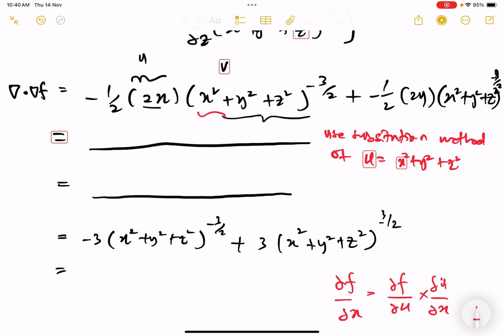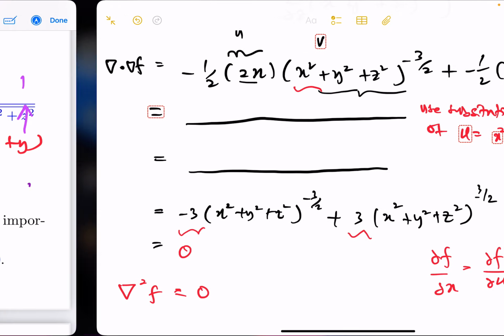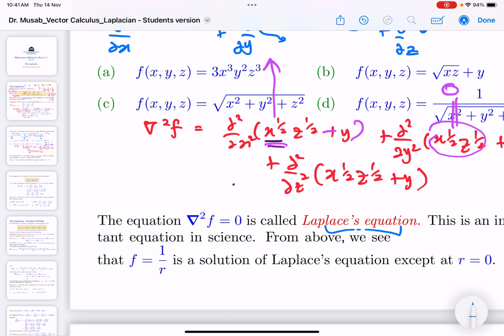What I want to highlight here is you get -3 and 3, and then you have the same component there, so you will get 0. So this case, where the Laplacian of an equation gives you a result of 0, is a Laplace equation.